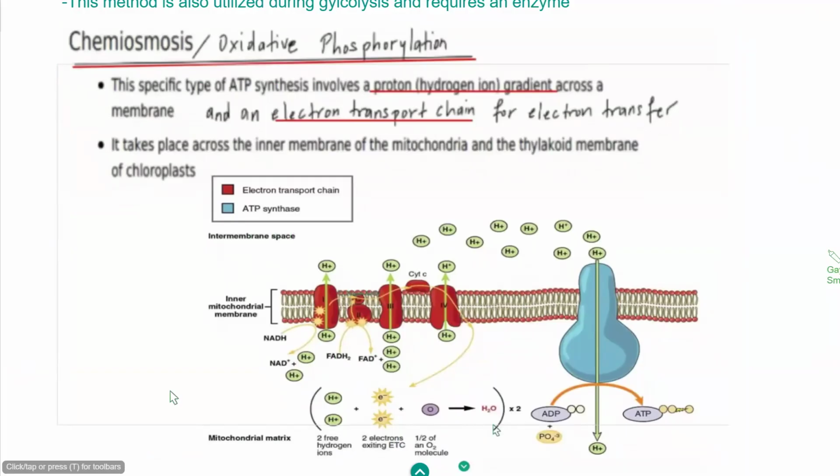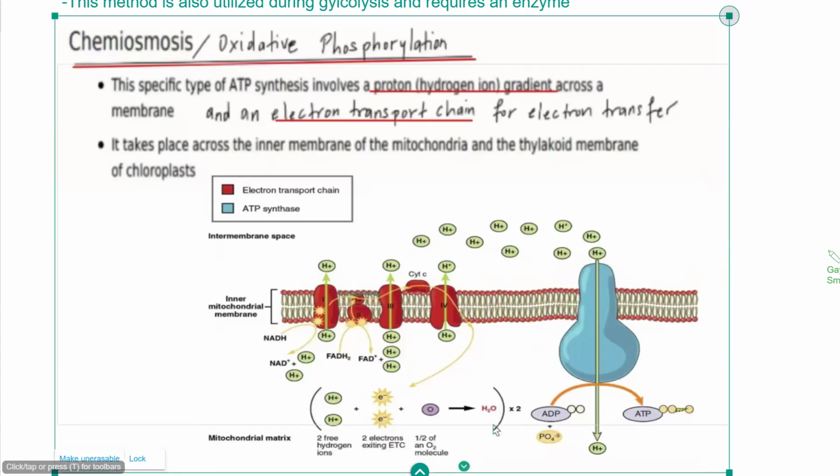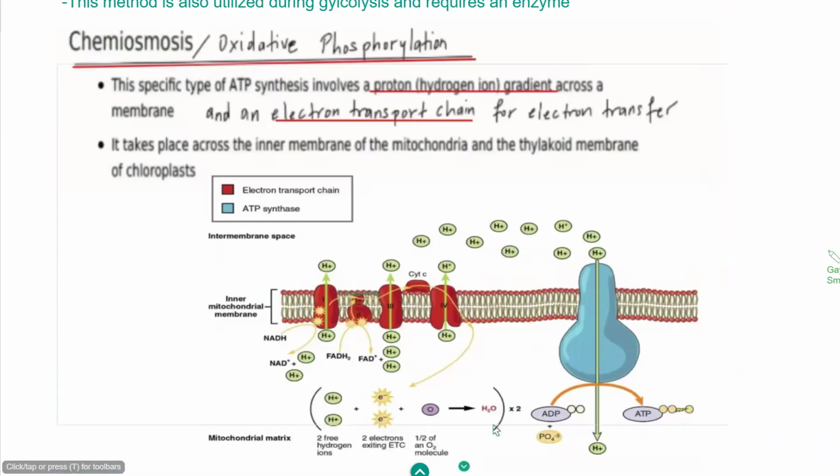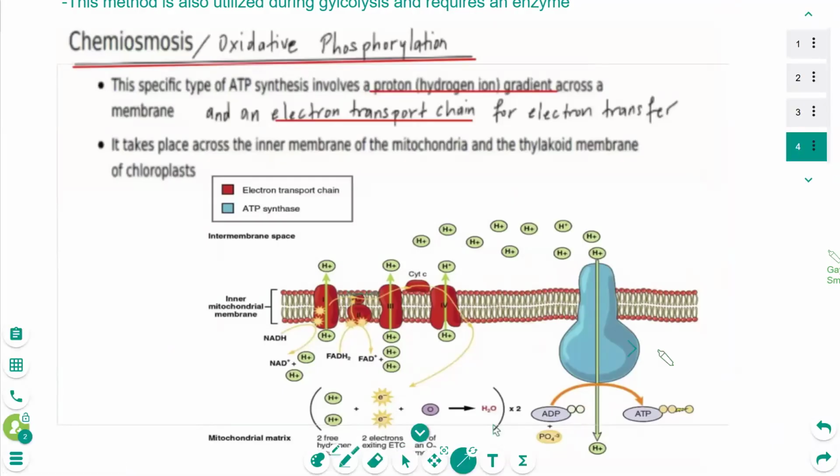All right, so we pump hydrogen ions from the mitochondrial matrix into the intermembrane space, and there's a buildup of hydrogen ions in the intermembrane space. And then the hydrogen ions are allowed to pass through this special enzyme here, or this special protein here, which is the ATP synthase.